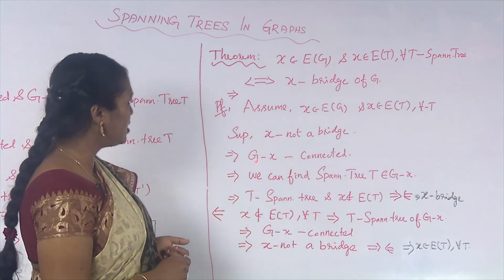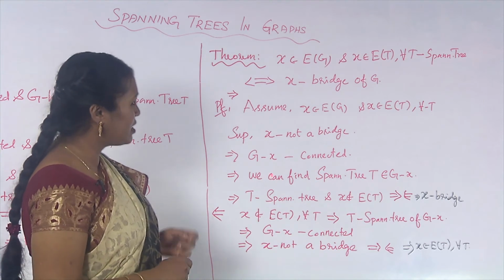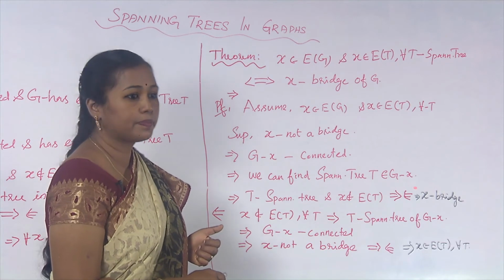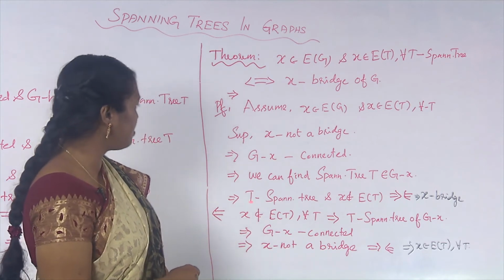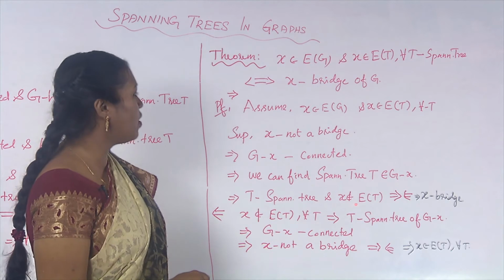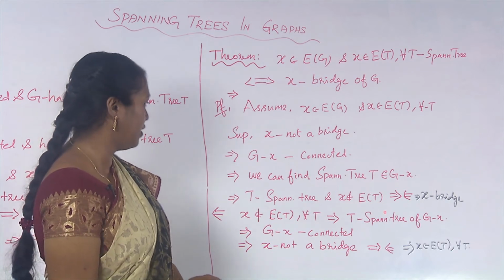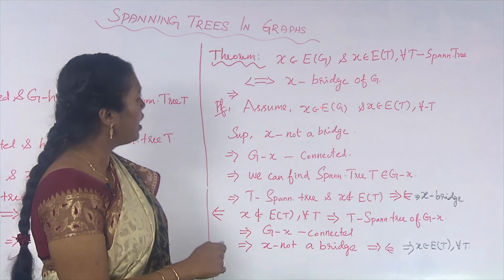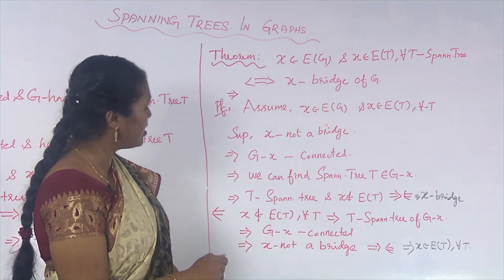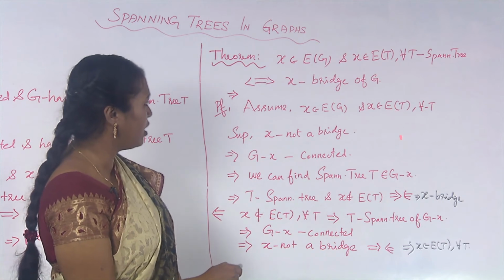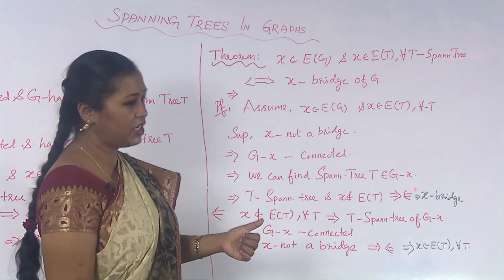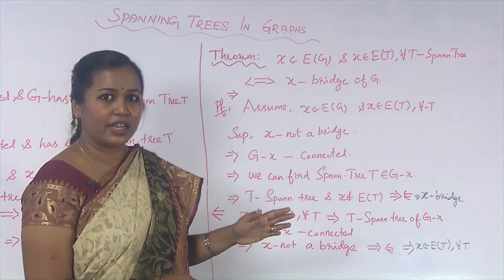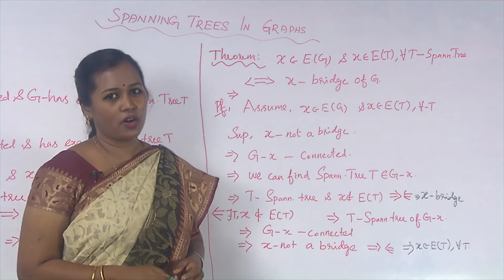Using that condition, since G minus x is connected, there is definitely going to be a spanning tree T belonging to G minus x, and let T be the spanning tree, and this x does not belong to the edge set of T. So, this is a contradiction to the original statement that we assumed, that x belongs to the edge set of G and x belongs to the edge set of T. Now, I have created a new graph G minus x, and this G minus x has a spanning tree which does not contain x. So, now let us see the converse part of this theorem.